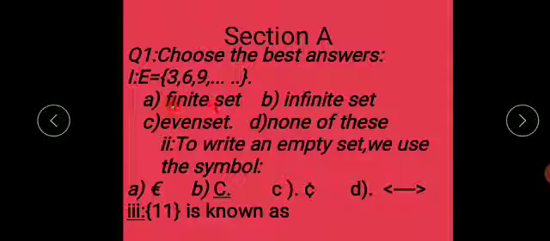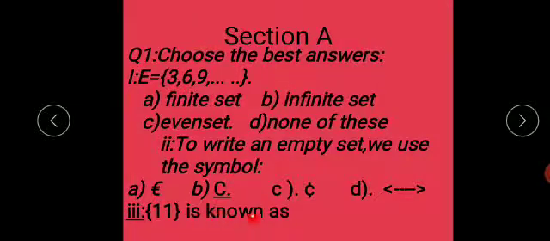First option is finite set, second option is infinite set, third option is even set and the fourth option is none of these. Second part: to write an empty set, we use the symbol, does not belong to, subset, phi, corresponding to.